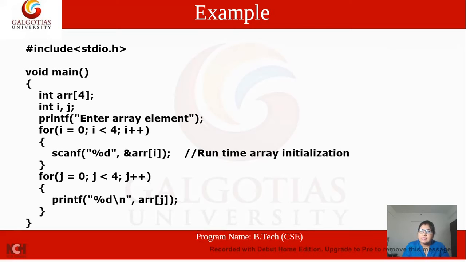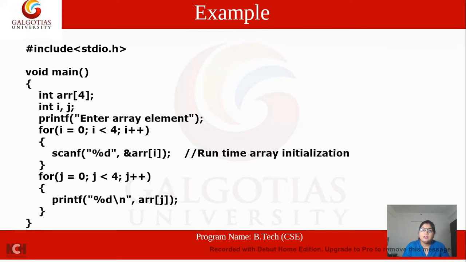Now, as I said, runtime array initialization is generally done when we have a very large array, or we do not know at compile time what the value of the elements will be. That means we are going to store or hold some user input values. The user will enter the values of the array elements. So in this case, we have the size 4.